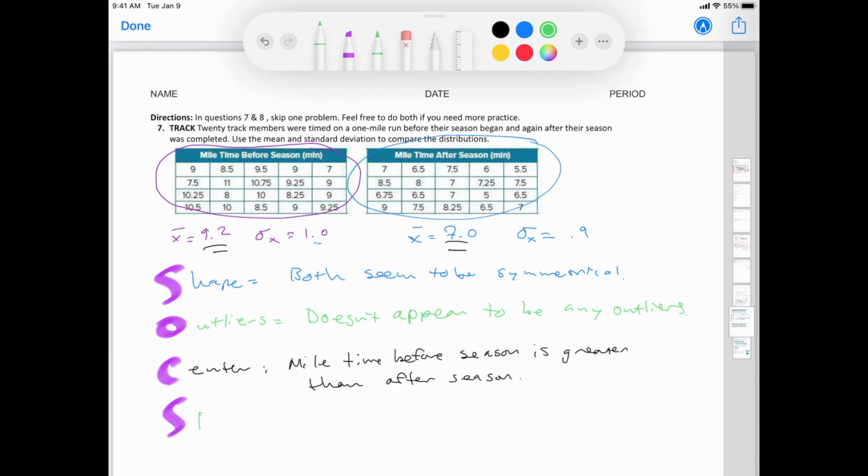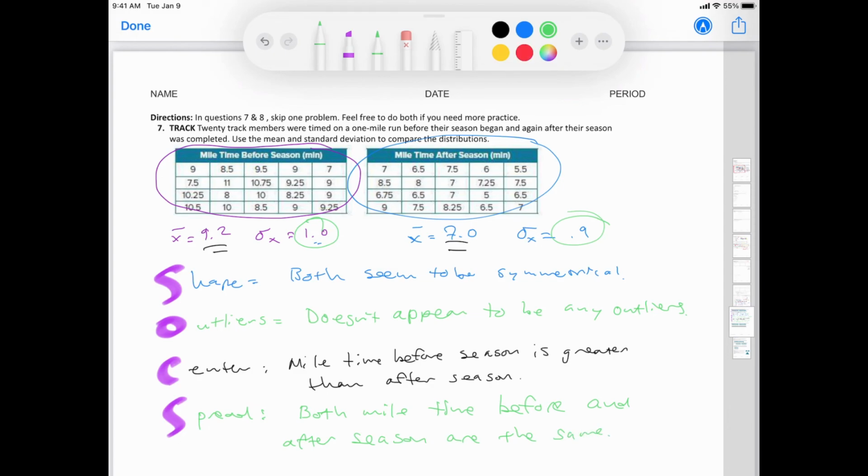Okay, what is our spread? Both, they're kind of the same. So we could say both mile time before and after season are the same.